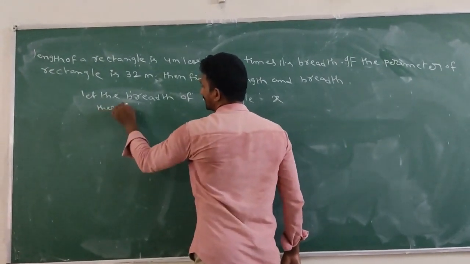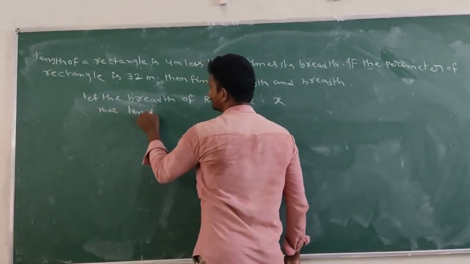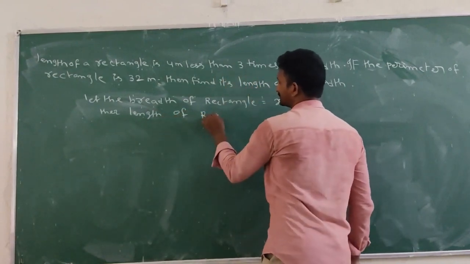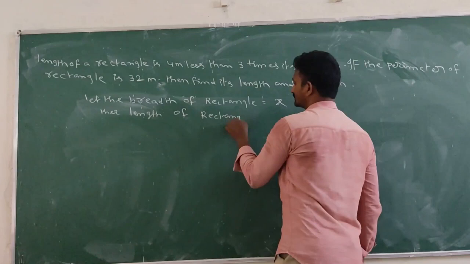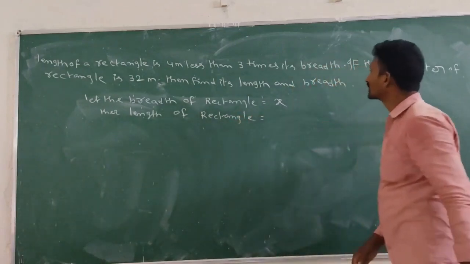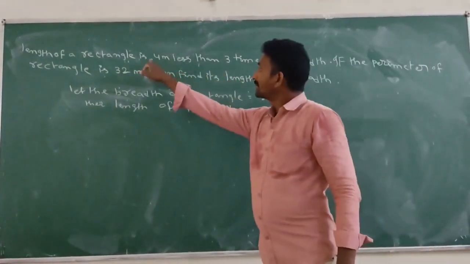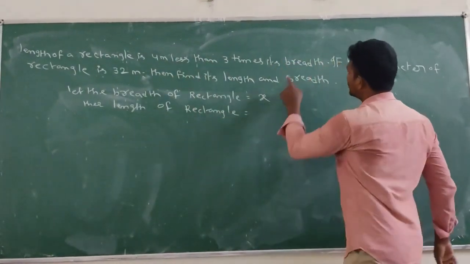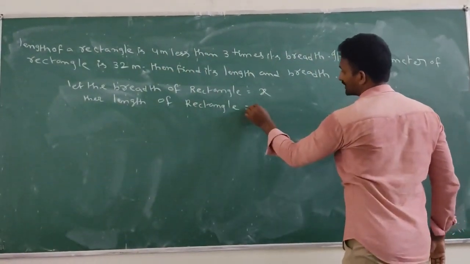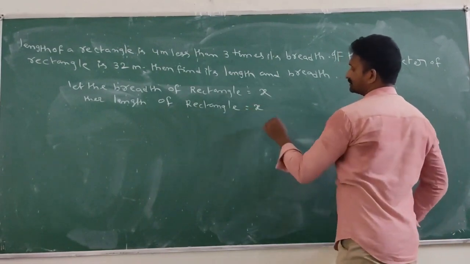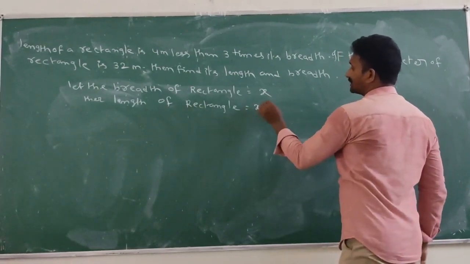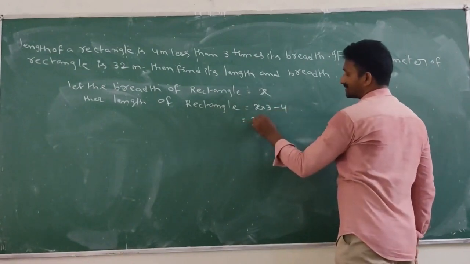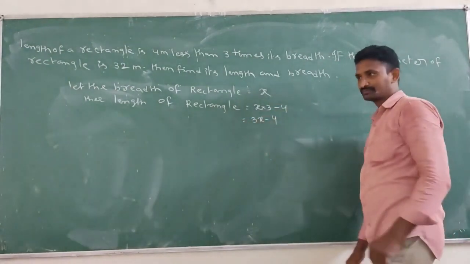The length of the rectangle is 4 meters less than 3 times the breadth, x into 3 less 4, 3x minus 4.